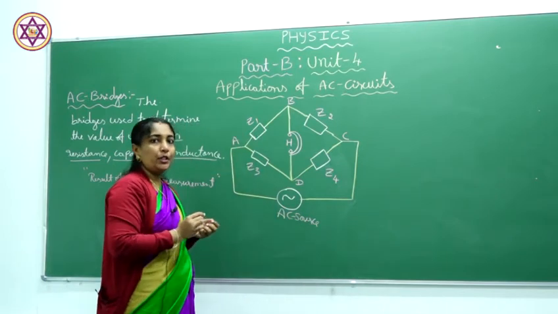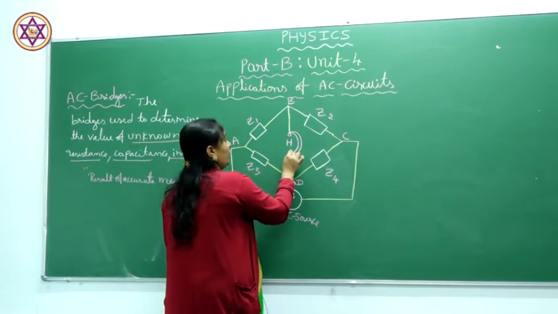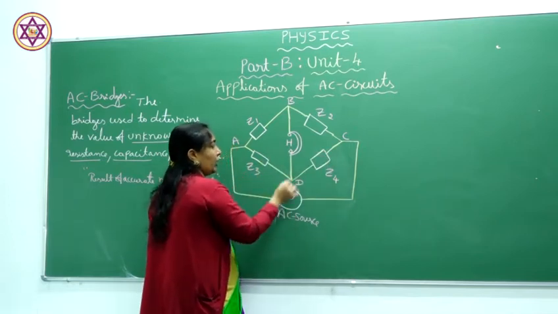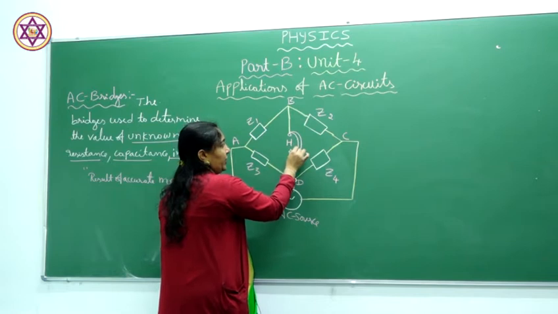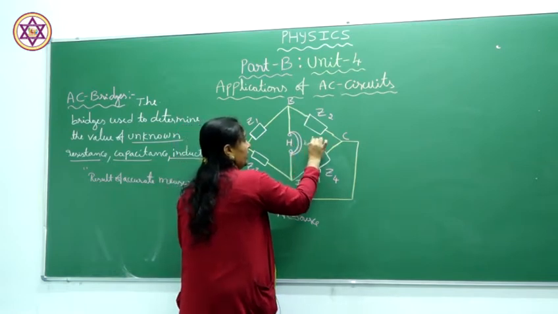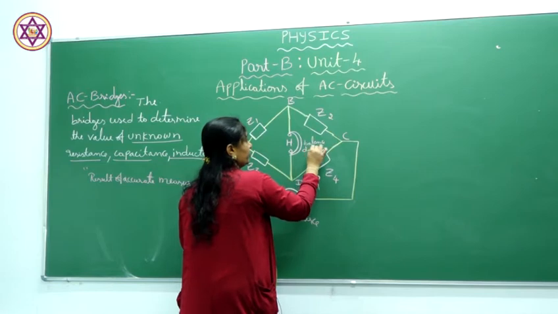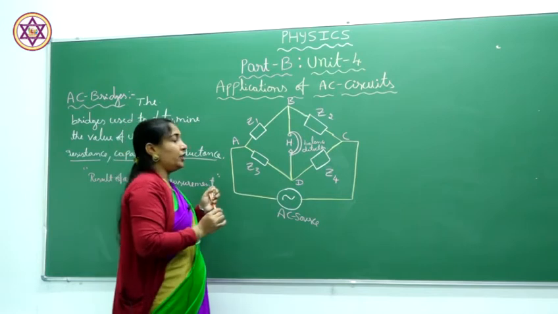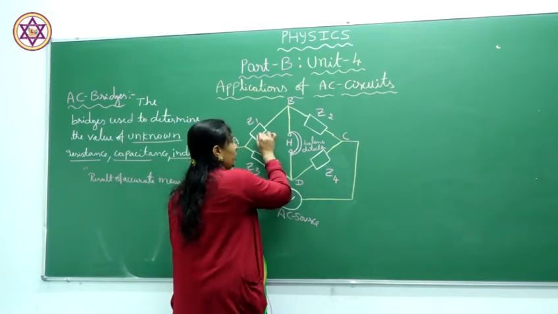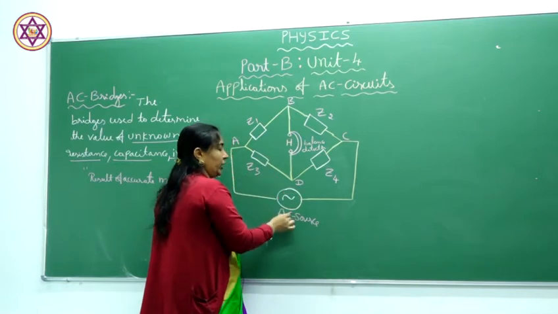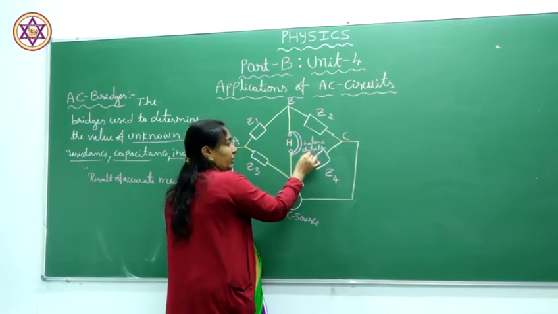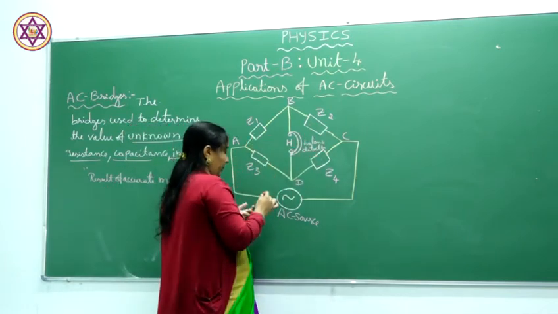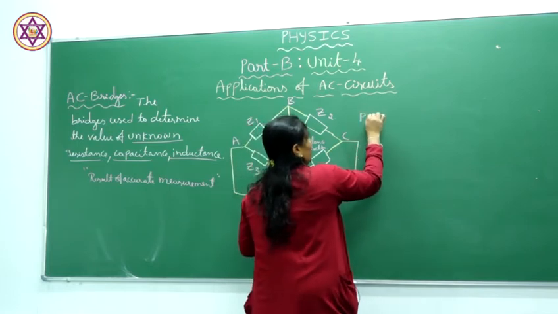Let us consider a bridge. Usually the general AC bridge will consist of 4 impedances, an AC source and the balance detector. So this is called the balance detector.